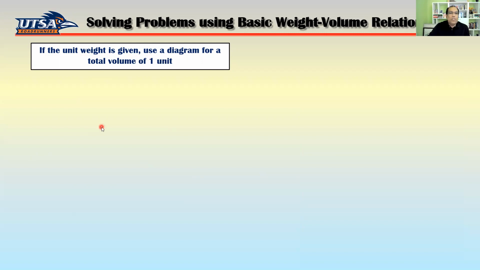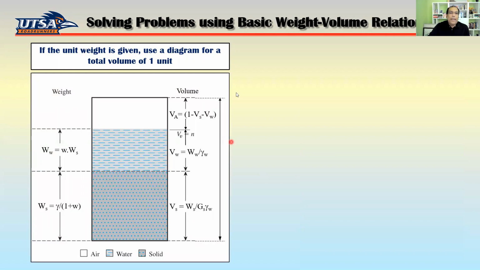So you use this figure here, and you assume the total volume is 1 unit, let's say 1 feet cube. Then by definition, the weight of this has to be equal to your unit weight, right?